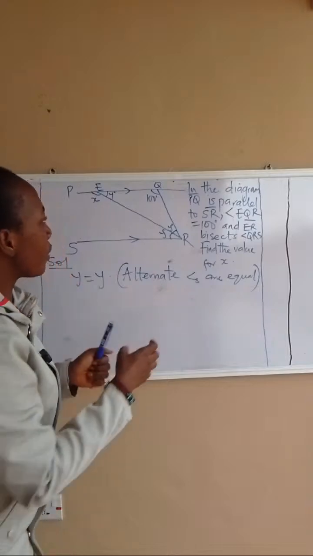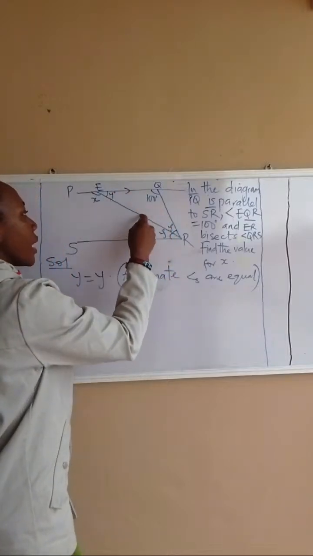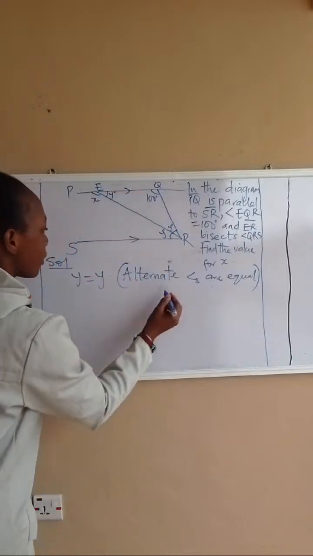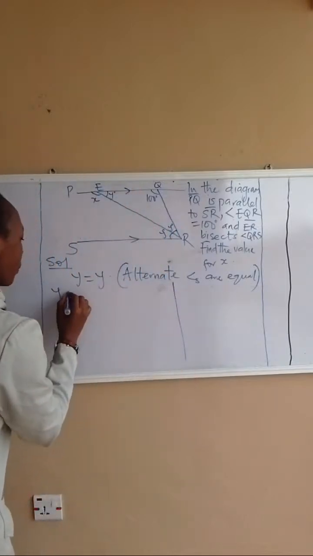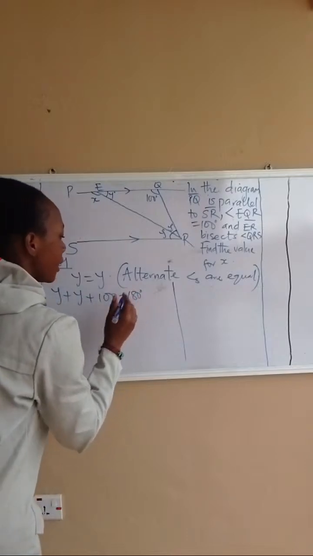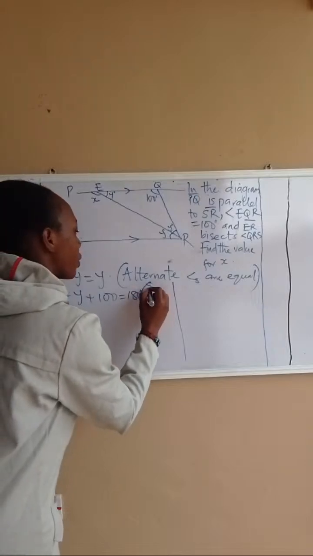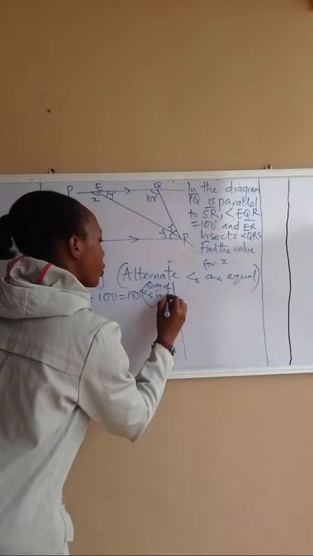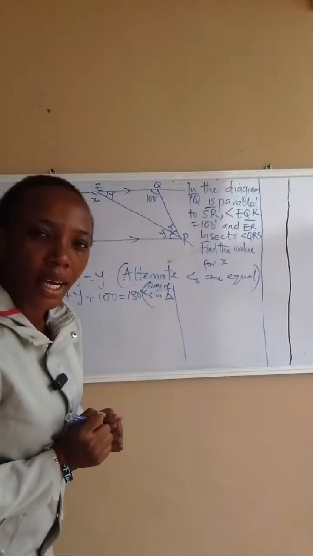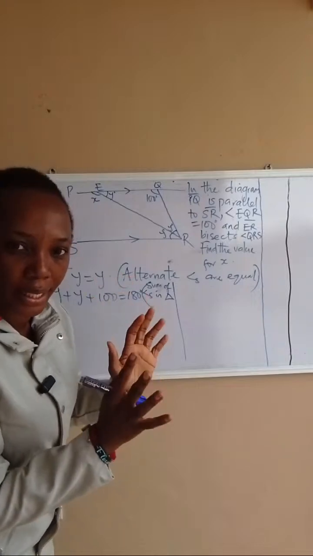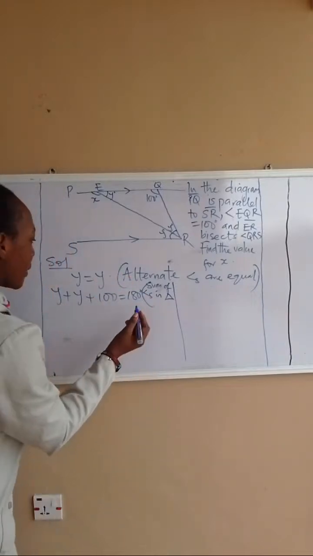What we'll do, we'll sum up these angles in this triangle. So we have y plus y plus 100 equals 180. Why is it 180? Sum of angles in a triangle is equal to 180.